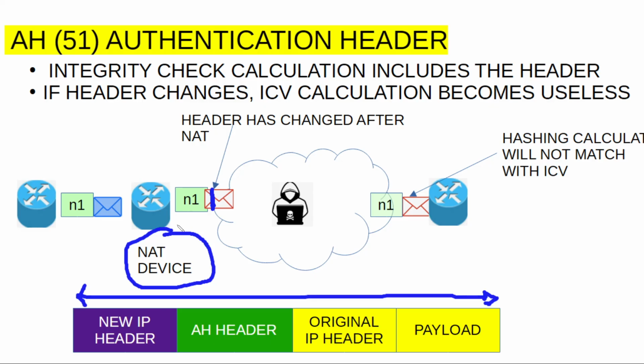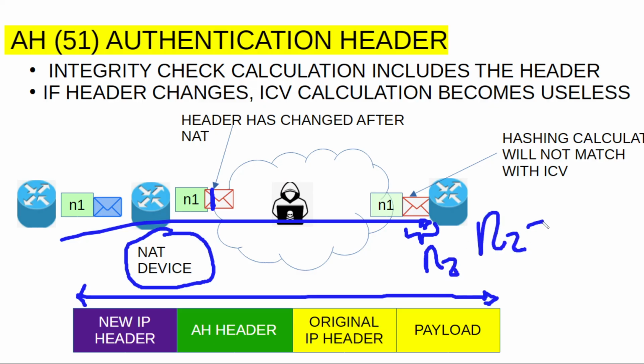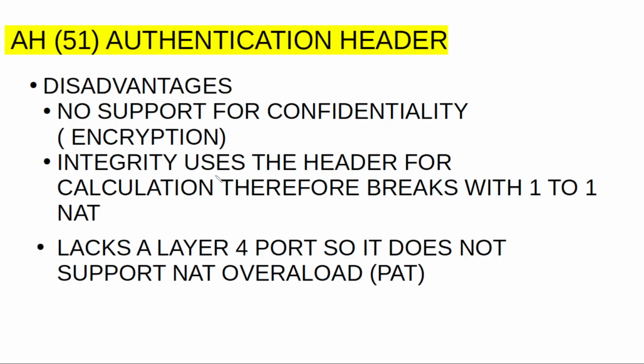So if this packet arrives and it was changed using NAT, when this destination device calculates the hashing, it will come up with a number that is different than the number that travels through the network using the integrity check value header field, and it is going to break because we actually changed the header with NAT. So the downsides of AH are that it does not support encryption.